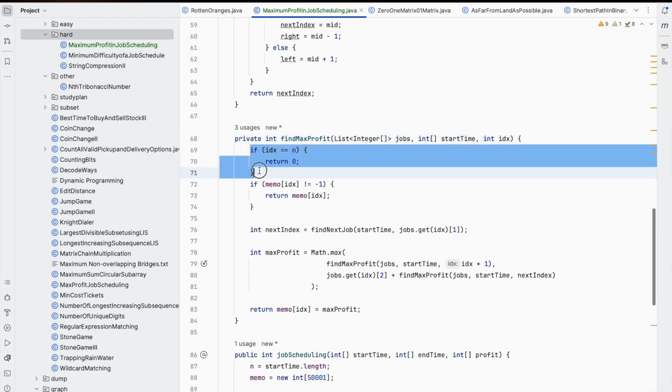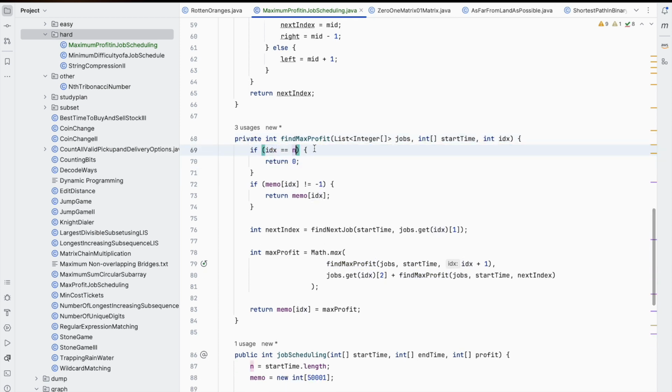Now, maximum profit. Here, this is our base case. If index is equal to n, it means we are left with no jobs that we can consume, so 0 will be added to our answer. Otherwise, we have two possibilities. Either we consider the job at the index position or not. If we do not consider it, we make this call: find maximum profit, jobs, start time, and index plus one.